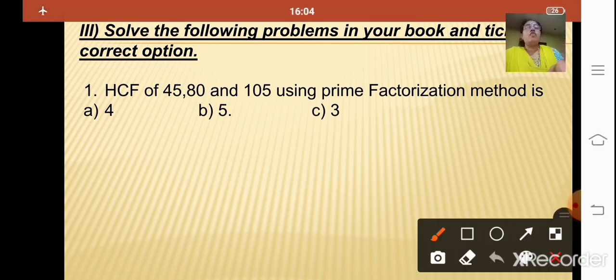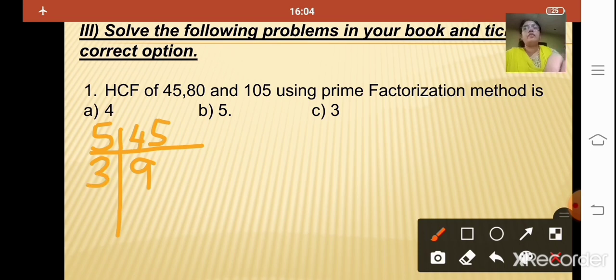Now I'll find the prime factors for the number 45. Here in the ones place it is 5. So the number is divisible by 5. 5 nines are 45. 9 is divisible by 3. So 3 threes are 9 and 3 ones are 3.